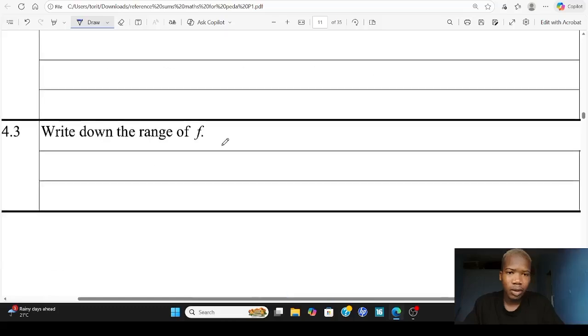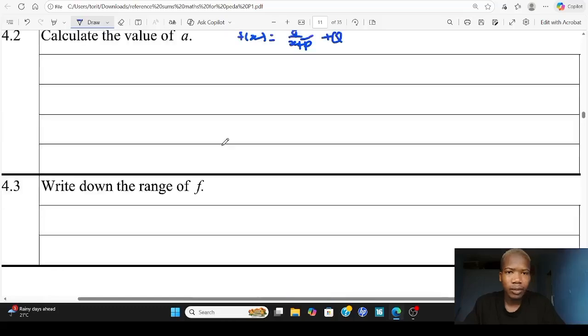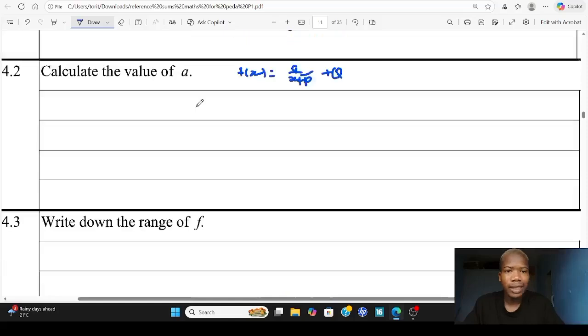So we say that it is minus 5 over 2, right, is equal to the value of a over minus 4 plus 2 minus 1, right?